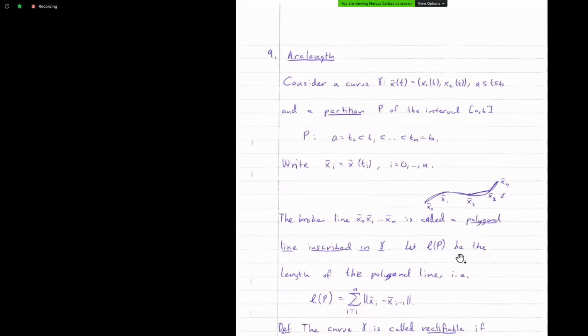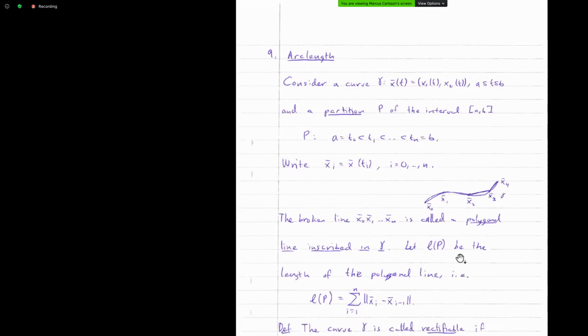Now, if you integrate that, this is just analysis 1. If you integrate speed, you get length, right? So the length has to be the integral from A to B of the speed. And that's a very easy formula to remember as well.